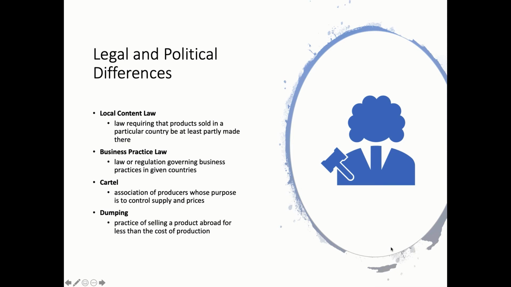There's also business practice law or regulations which govern how business practice is placed in particular countries. There are sometimes producers who organize into a cartel in order to control prices and the amount of supply. Remember the theory of supply and demand all the way back from our first module. It simply argues if you want to keep prices high, then from a supplier perspective, what would you do?